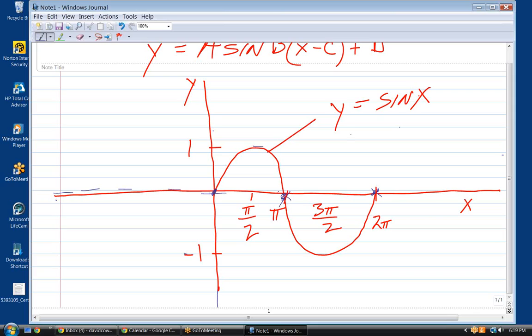So, if I add everything together, let's put a 2 there. Let's put a 4 here. Let's put a 1/2 here. Put a pi over 2 there. Let's put a -1 there. So now I've got 4 different things going on in this function.